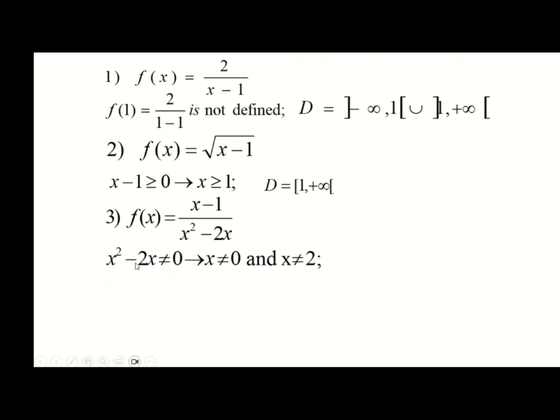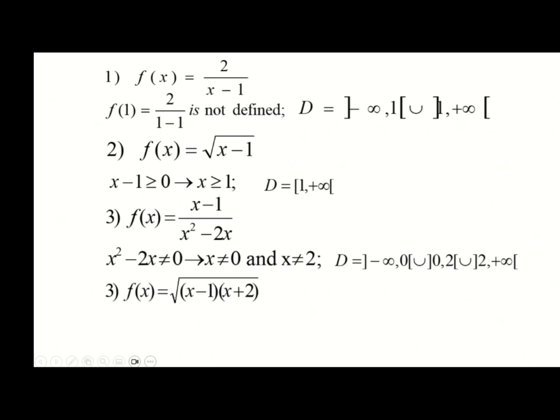We take x as common factor, we get x times x minus 2, which means x different from 0 and x different from 2. What will be the domain of definition? Every real number except 0 and 2. The domain of definition is from minus infinity to 0, then from 0 to 2, then from 2 to plus infinity.